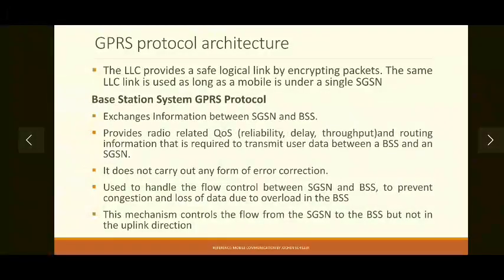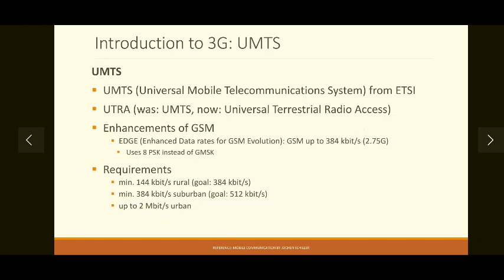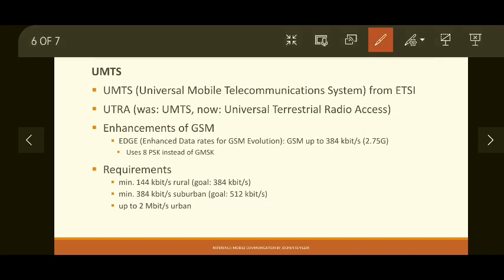Now let's move on to the next generation of this GSM evolution, that is third generation. We are directly going towards the third generation, but before that there was another generation which was implemented to improve the data rate up to 384 kbps, and that was called EDGE.